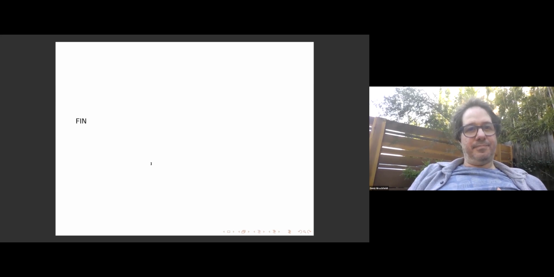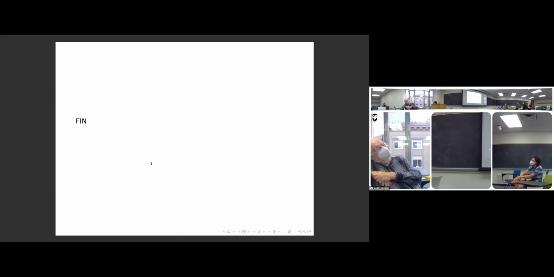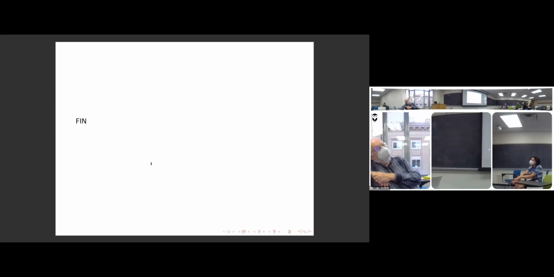In the second example, why is the boundary computable?